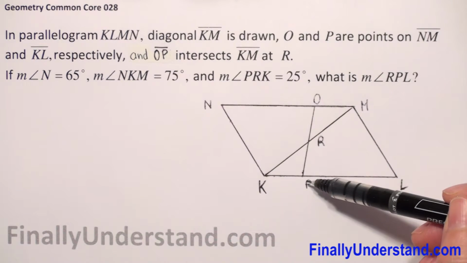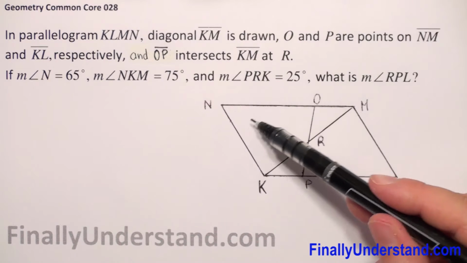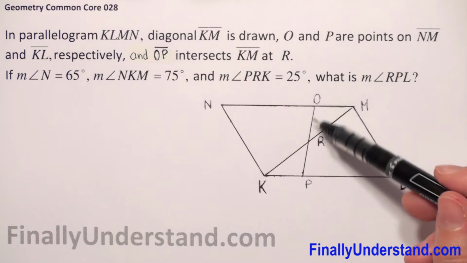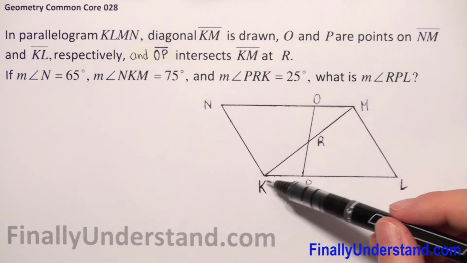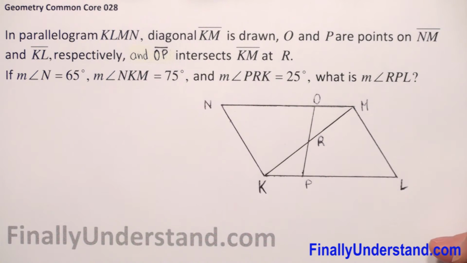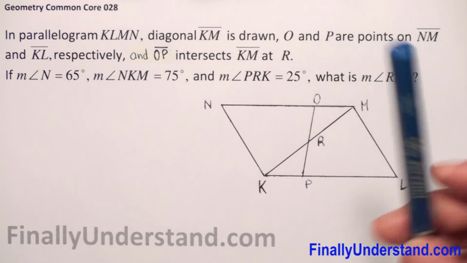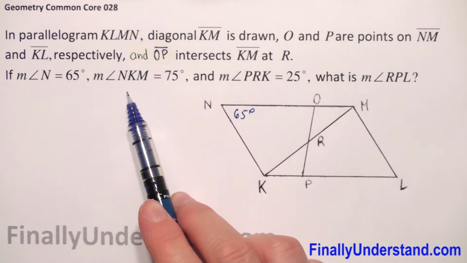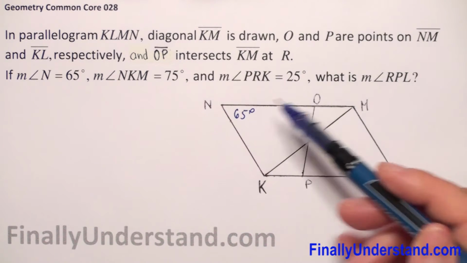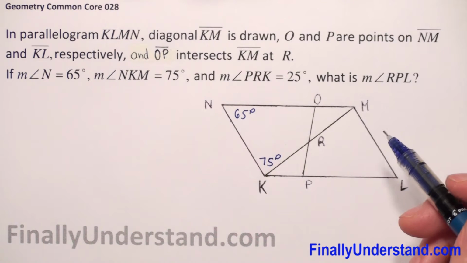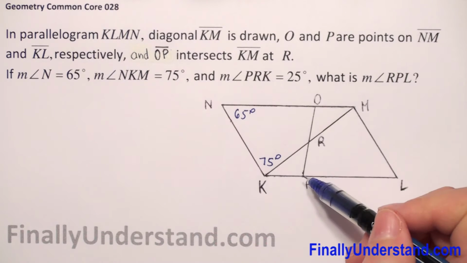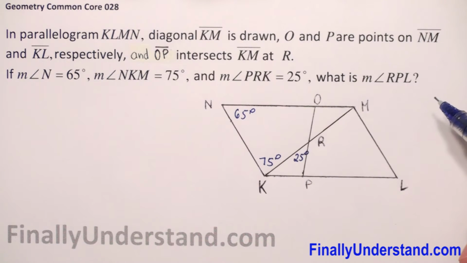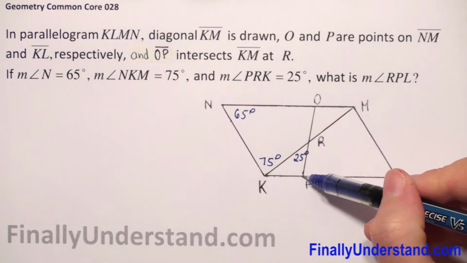O and P are points on segment NM and KL respectively, and segment OP intersects KM at R. If the measure of angle N, KM is 75 degrees, angle N is 65 degrees, and the measure of angle PRK is 25 degrees, what is the measure of angle RPL?